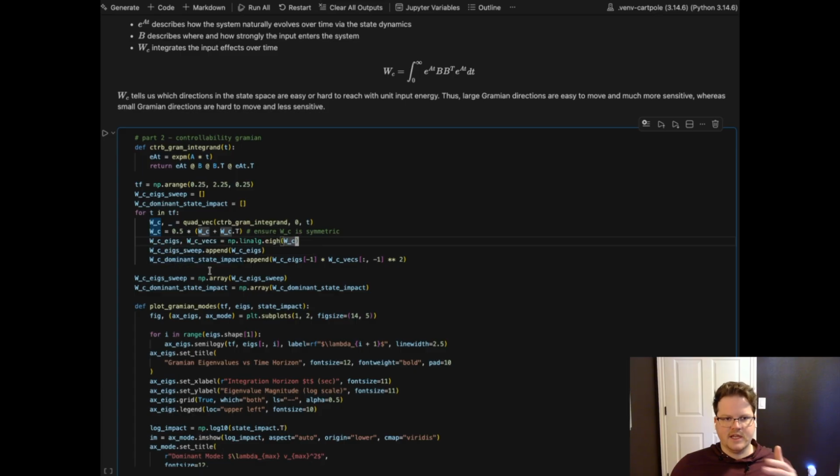And then this dominant state impact, that's where, as I was insinuating before, the large gradient directions are easy to move, more sensitive, whereas the small gradient directions are hard to move, less sensitive. So essentially here, this dominant state impact is posed in a way that's kind of like a kinetic energy surrogate, where this eigenvector is squared, and the eigenvector is basically that translation between the states that we have in our linear system and the eigenspace, and that eigenspace is where the eigenvalues live.